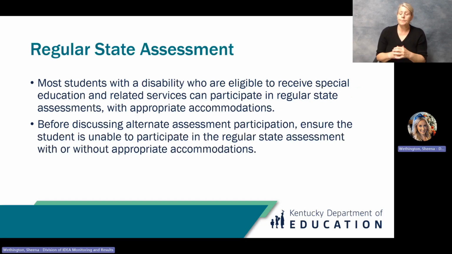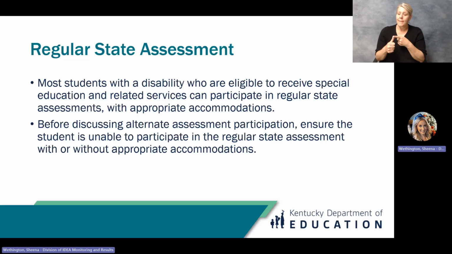When an ARC meets to develop or annually review an individual education program, or IEP, for a student with a disability, the ARC will have to discuss state assessment participation. State assessments begin in grade level 3 in the state of Kentucky. An ARC should discuss the regular state assessment for a student first as they discuss state assessment options.